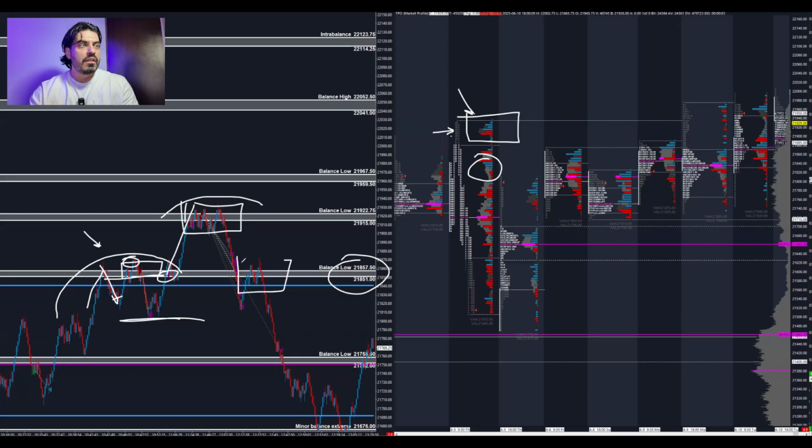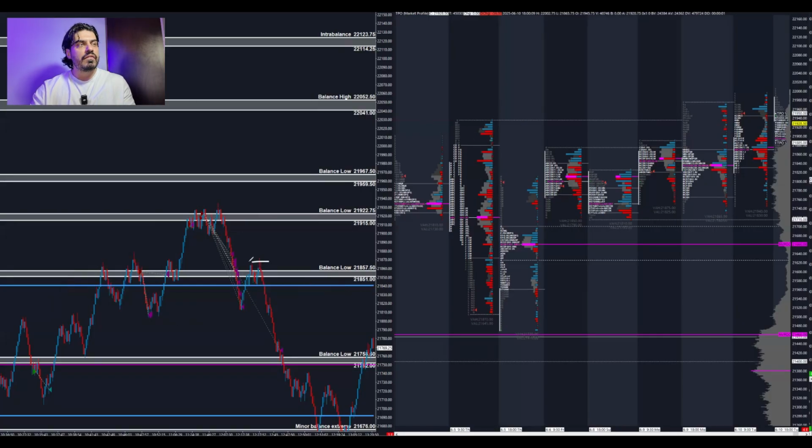But maybe the better trade might have been the failure back under the major balance top and then looking to sell into it. So let's digest both of these trades and the potential of this third trade opportunity to break this down, and then what looks like exits. We'll talk about exits and continue on with the breakdown.